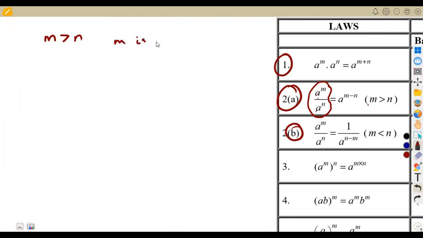Let us take a condition like I'm having 2 to the exponent of 7 divided by 2 to the exponent of 4, like this. This is a condition whereby this number on top, which is our m, is bigger than this number here. That's an example that you can put there.